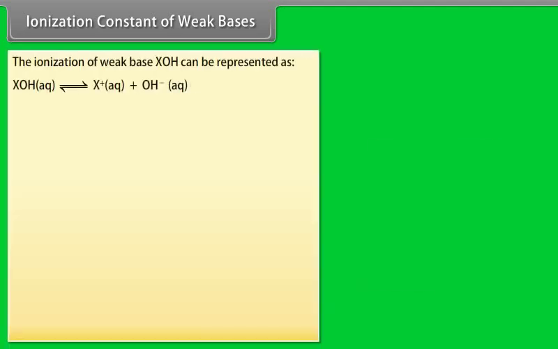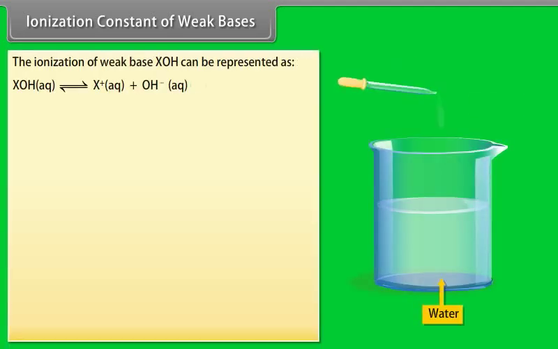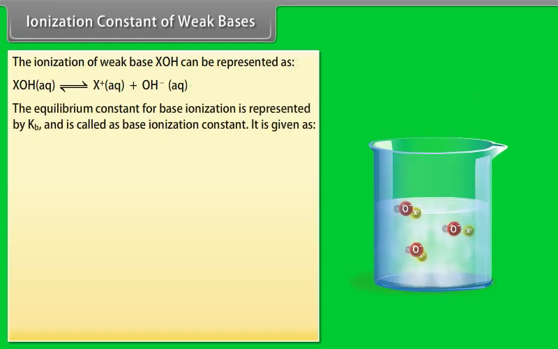ionization constants of weak bases. The ionization of weak base XOH can be represented as follows. The equilibrium constant for base ionization is represented by Kb and is called the base ionization constant.